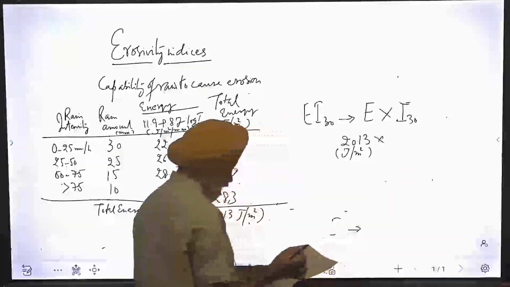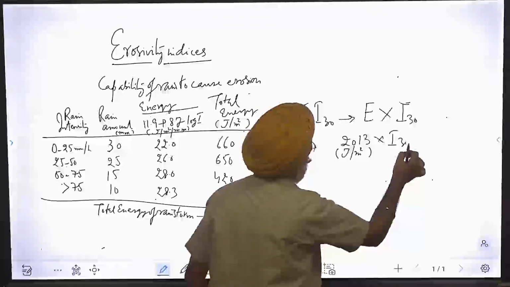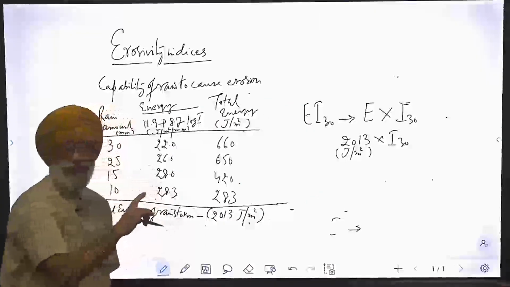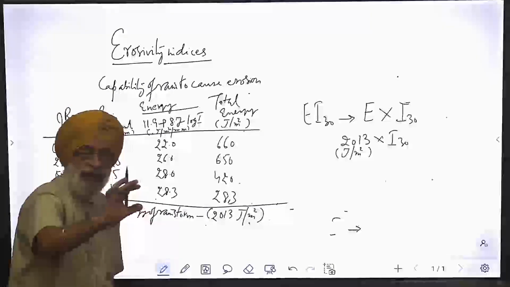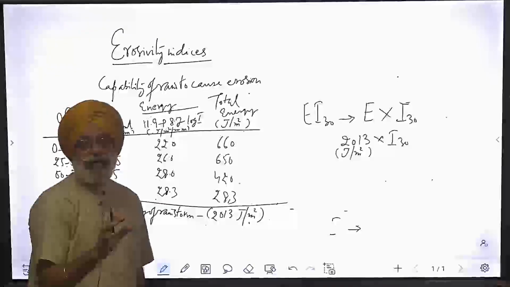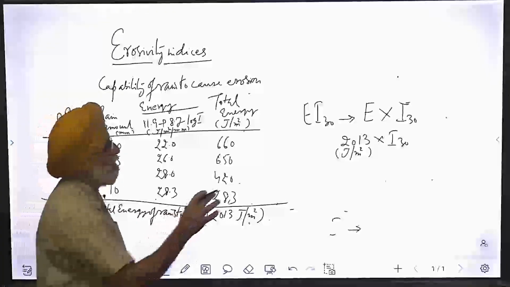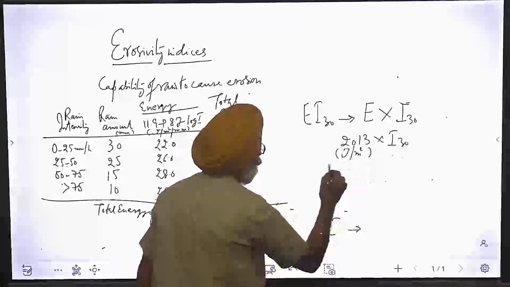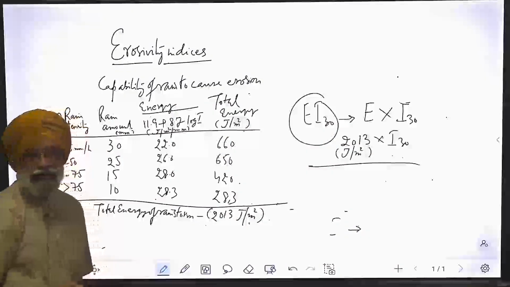I 30 is again to be calculated from the rainfall chart. You make 30-minute intervals for the whole of the storm, and then find out the maximum amount of rain in any 30-minute interval. That is to be multiplied over here, and this is how you get EI 30. I hope that is clear.